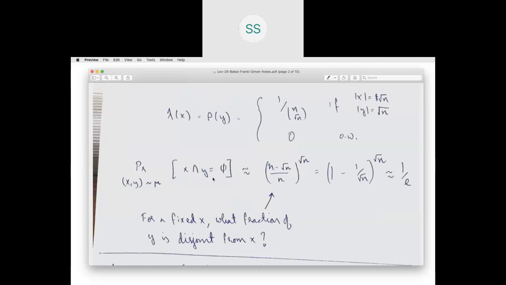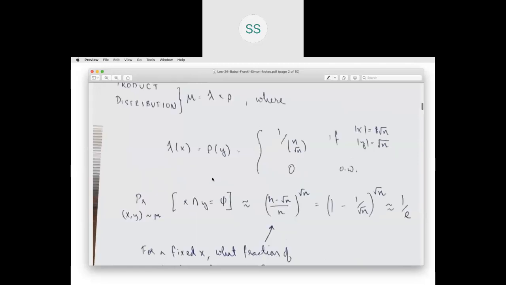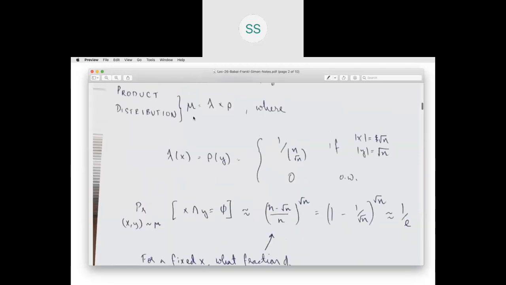Mu is a distribution. Alice has her distribution, Bob has his distribution. In fact, they're identical, and mu is the product distribution. So according to this distribution, what is the probability that x and y are disjoint? Maybe it's easier to think, let's say x is fixed.